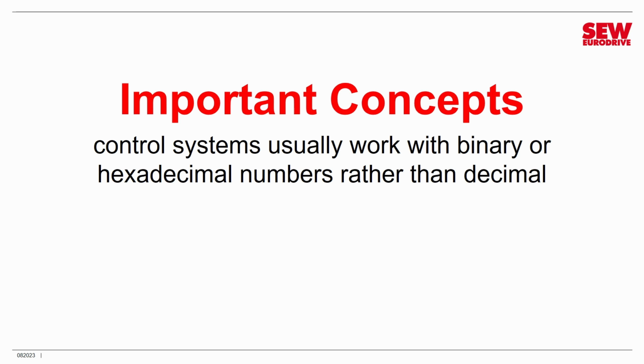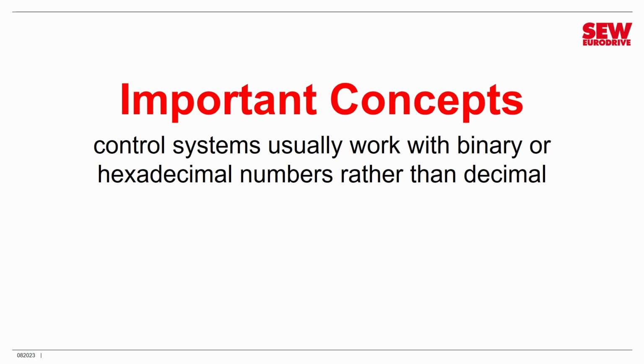Now, an important concept if you're new to control systems: when you program control systems, they usually work with binary or hexadecimal numbers rather than decimal. Decimal numbers are the numbers we use in everyday life. They're based on tens, but programming systems often work with binary, just 1s and 0s, or hexadecimal numbers, which is called base 16.